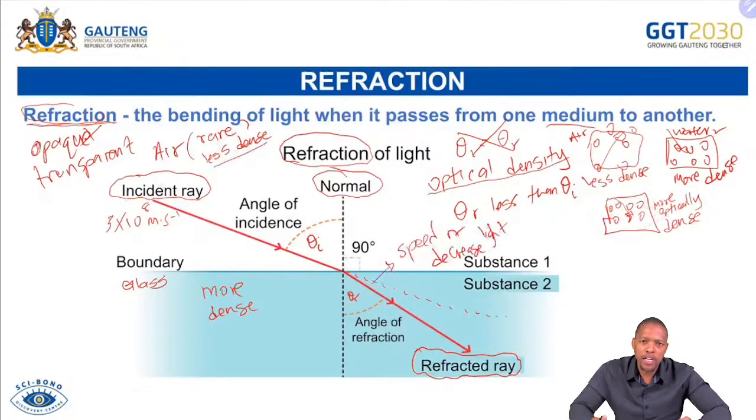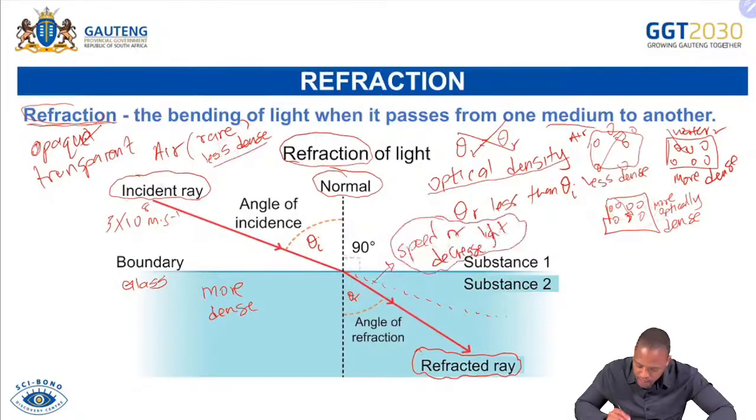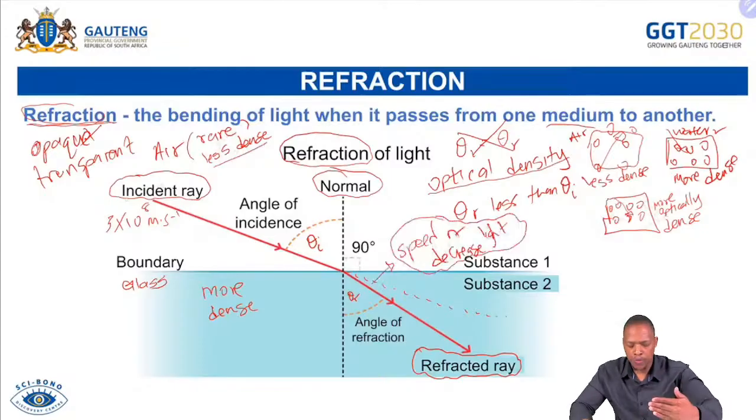Very, very important, grade 12. I will repeat that. When light travels from an optically less dense medium to an optically more dense medium, the light ray will bend towards the normal. What is happening there? The speed of light is decreasing as the light ray enters an optically more dense medium. It will affect the speed of the light, causing it to bend towards the normal, okay?